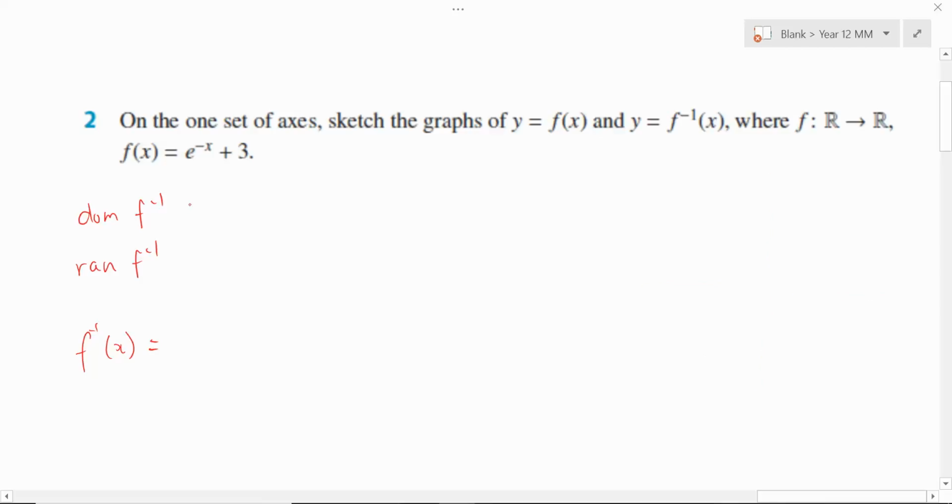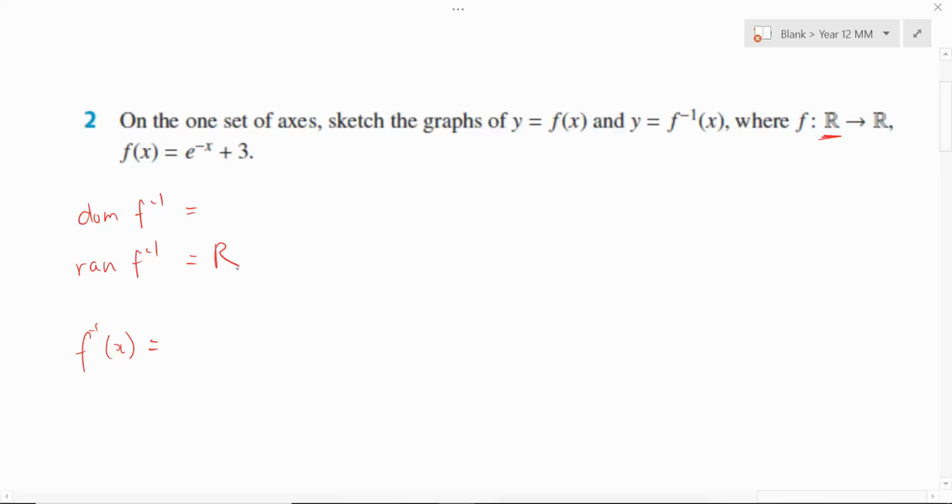Now, when you're doing these kinds of questions, you should already get 1 mark from getting domain and range of the inverse, because they always give something to you already. What have they given to you? The domain of the function, which is the range of the inverse. And in this case here, they already told me the domain is R. So everyone in this room should be able to say the range of the inverse is R.